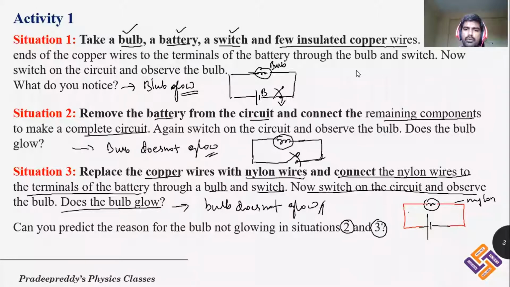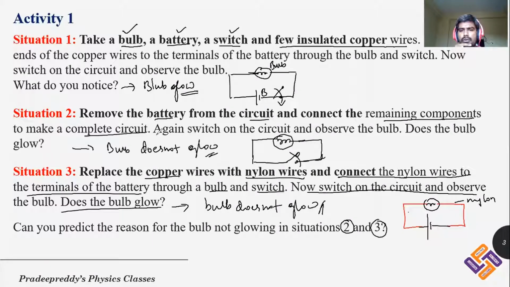In situation 2, the bulb is not glowing because you do not have a power source there. There should be some energy source, and then that energy source will convert its energy into some other form of energy.